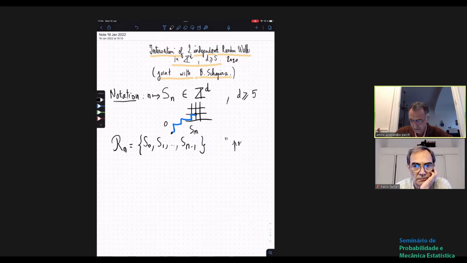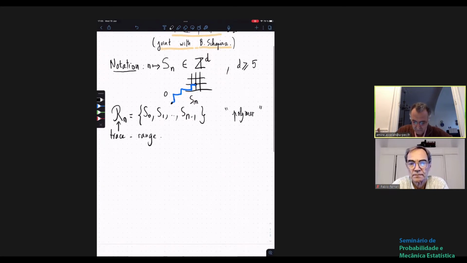I'm thinking of this as a polymer made of n monomers. So the positions are the positions of the monomers. This is the trace of the random walk, which I might also call the range. And R infinity is going to be the whole trace of the random walk in an infinite time horizon.